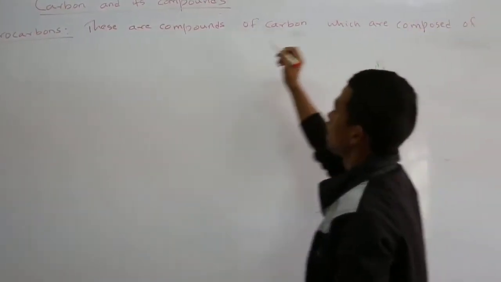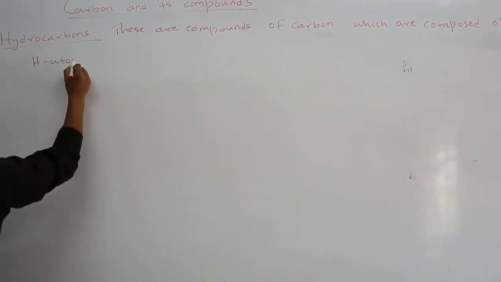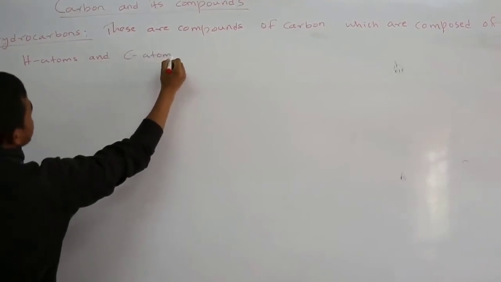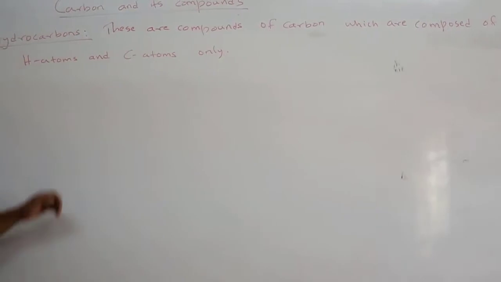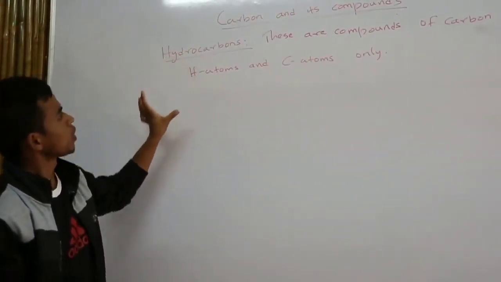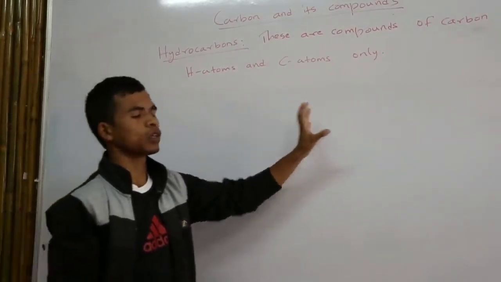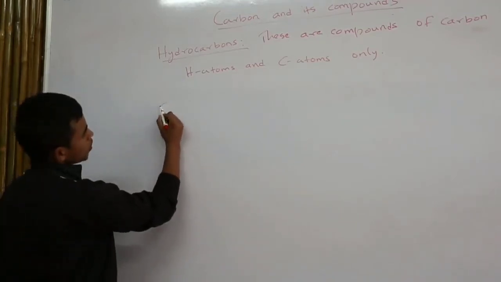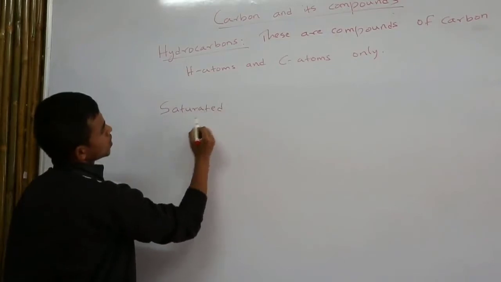So this is what we mean when we say hydrocarbons. Under this, we have what we call the saturated hydrocarbons and the unsaturated hydrocarbons. Now, first of all, let us have a look at saturated hydrocarbons.